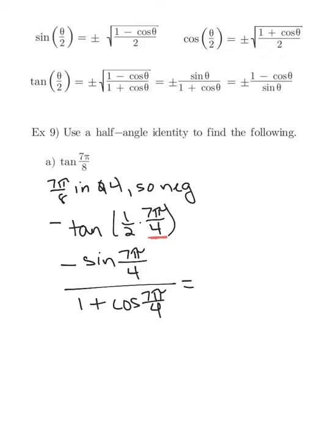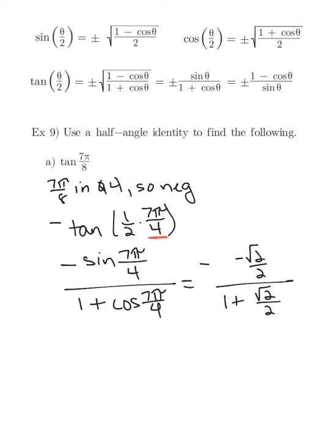So we've got a negative sign out front, and then the sine of 7 pi over 4 is negative square root of 2 over 2. That goes over 1 plus the cosine of 7 pi over 4 is positive square root of 2 over 2.